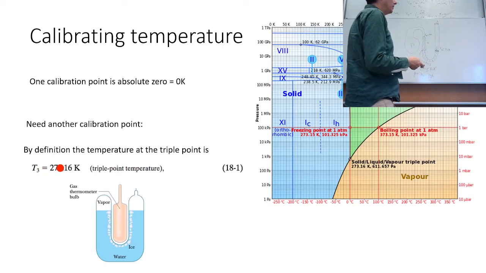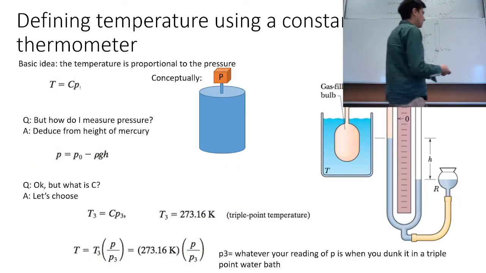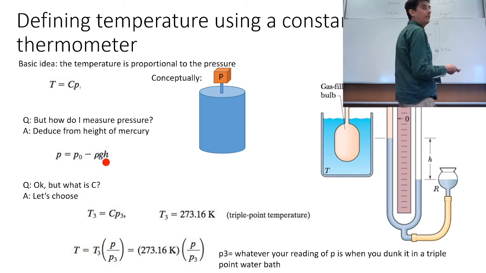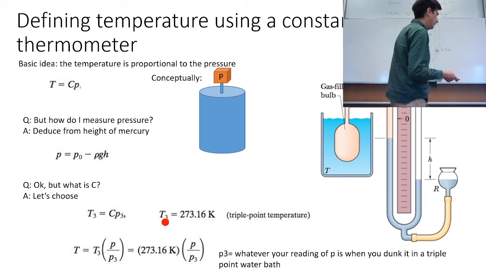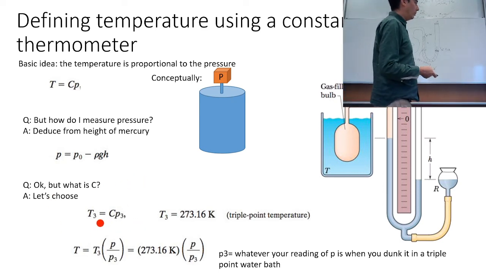So we've got the 0 and the 273. If we were trying to derive a Kelvin scale, so if we were using this to work out how many kelvins something is, then what we do is we define the temperature at the triple point. So in this case, we dunk the thing in the triple point of water, measure the pressure at that point, and then define that to be 273.16, right?